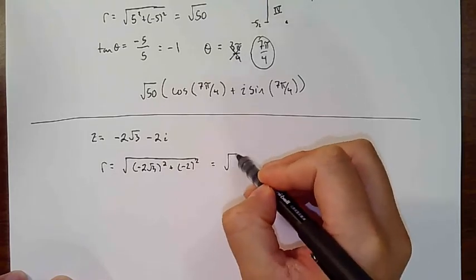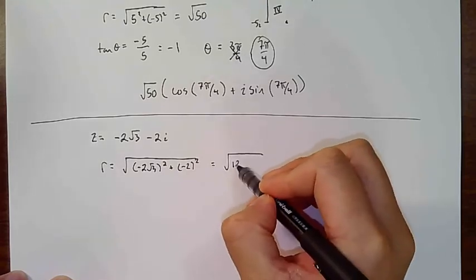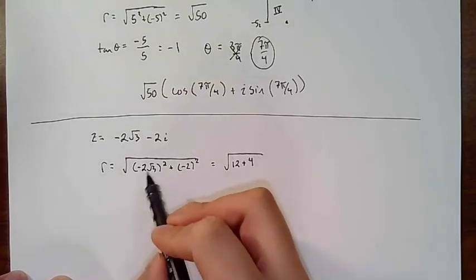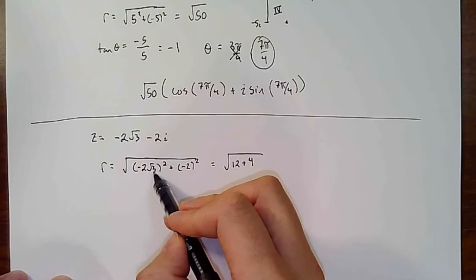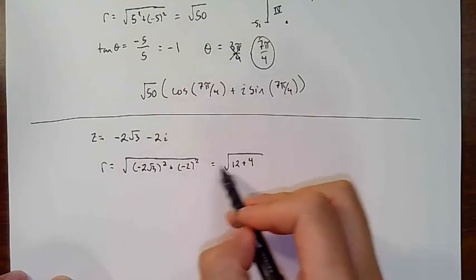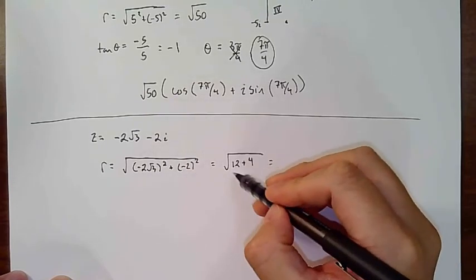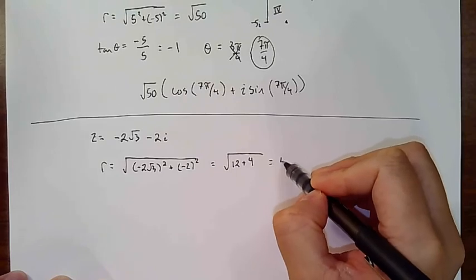So this turns out to be 12 plus 4, because this will be -2 squared, 3 squared, which is 4 and 3, giving us the 12. This one's just 4. So this is square root 16, which is just 4.